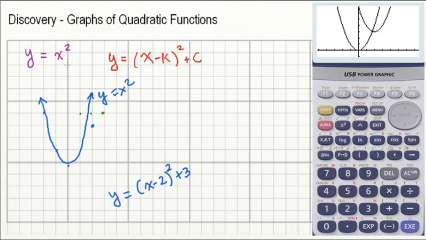And again, it has not been warped in any way, it has not been stretched, it has just been shifted. And the numbers here that show up, this 2 is 2 to the right, and this positive 3 is 3 up.